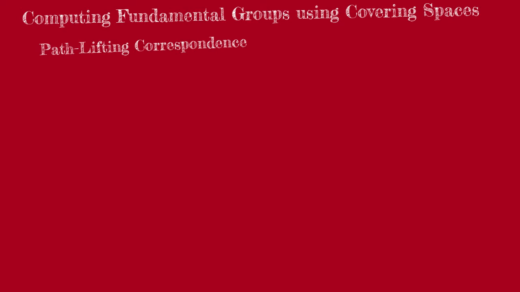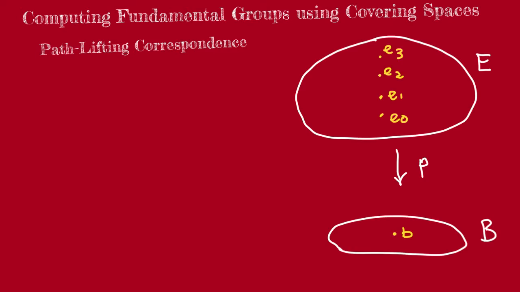Now, what's cool about the covering space is that we can lift paths. So what does that mean? Let's say we have the following covering map of space B by space E, and we fix the base point little b inside big B. Now let these e_i be the points in the fiber over b, so that they map to b under this covering map.